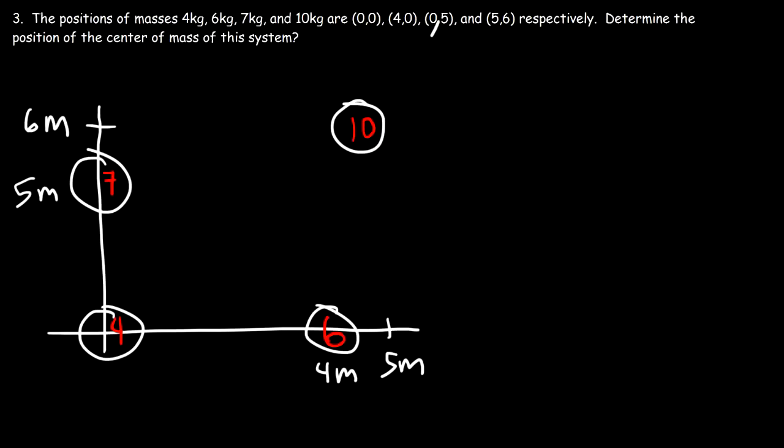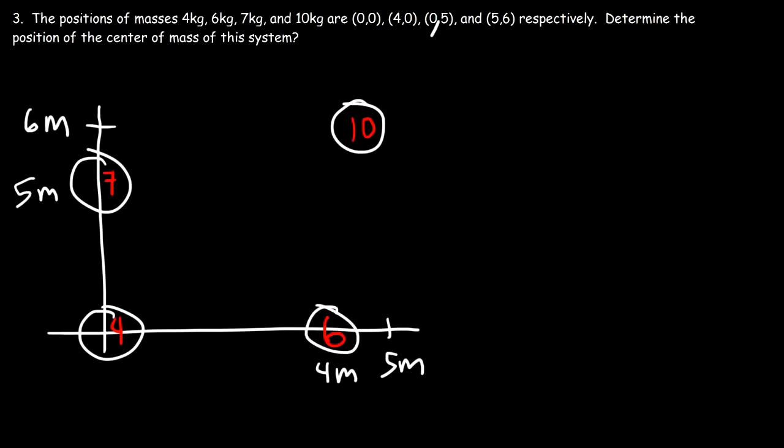So with this information, how can we determine the position of the center of mass of this entire system? So chances are, if we had to estimate, it should be somewhere in this region, because the majority of the mass is close to the 10 kilogram mass. So it should be somewhere in the middle of these four masses.